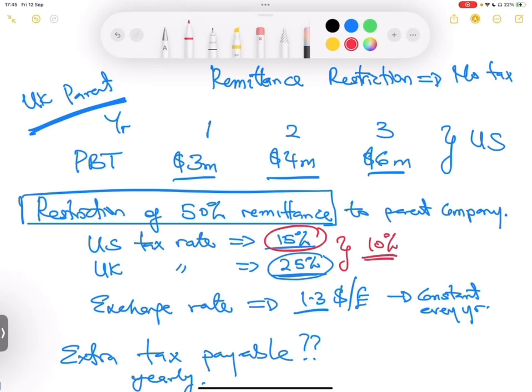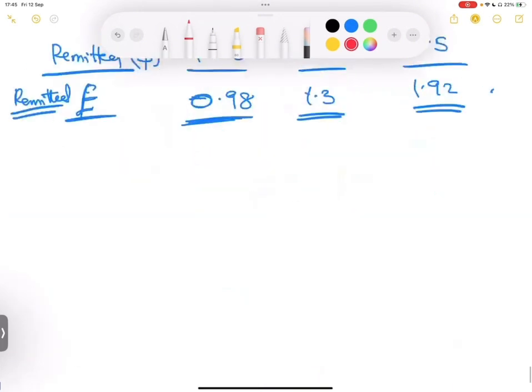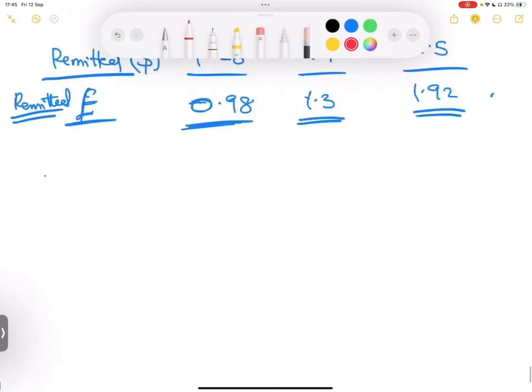So the extra tax rate is 10%. So first of all, to get our extra tax, we need the extra tax rate, which we have estimated to be equal to 10%. And that would be on just 50%. Only on 50%. Because that is what has been remitted.